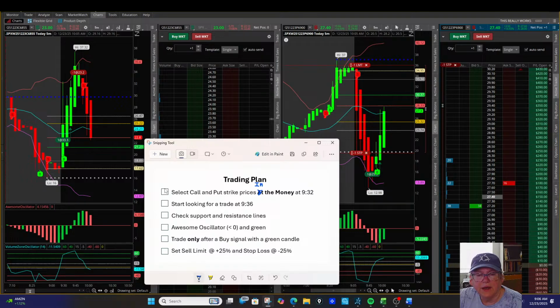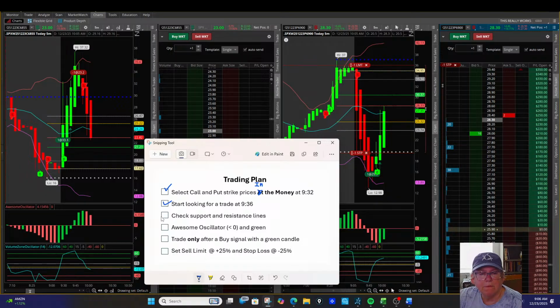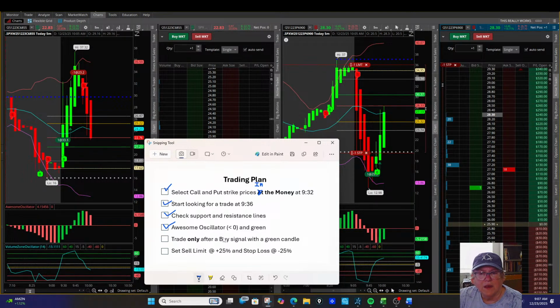I was looking at the trade 936. That's already happened. I was checking the support and resistance lines. The awesome oscillator over here was less than 0 and green. And I made the trade only after a buy signal with a green candle.